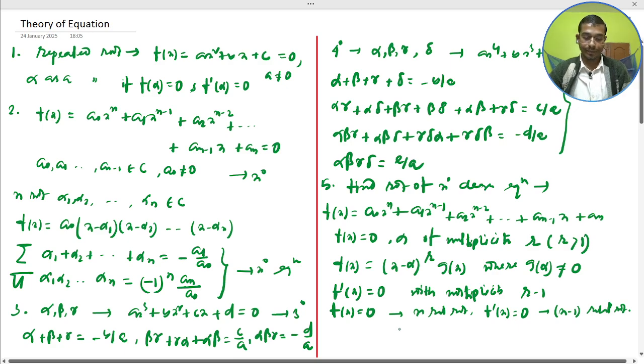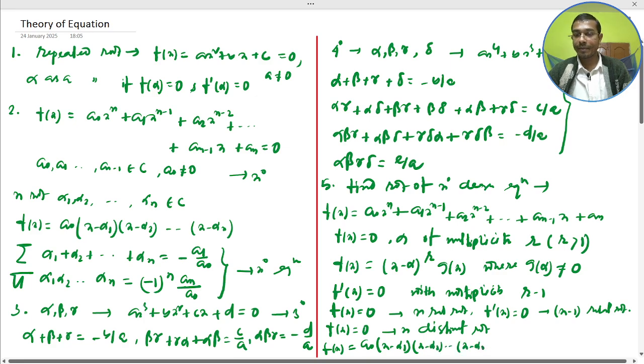Next, this is important, if f(x) = 0 has n distinct roots, we can write f(x) = a0 (x - alpha 1)(x - alpha 2)...(x - alpha n), and the first order derivative divided by the function, f'(x)/f(x), would be the summation over k = 1 to n of 1/(x - alpha k).